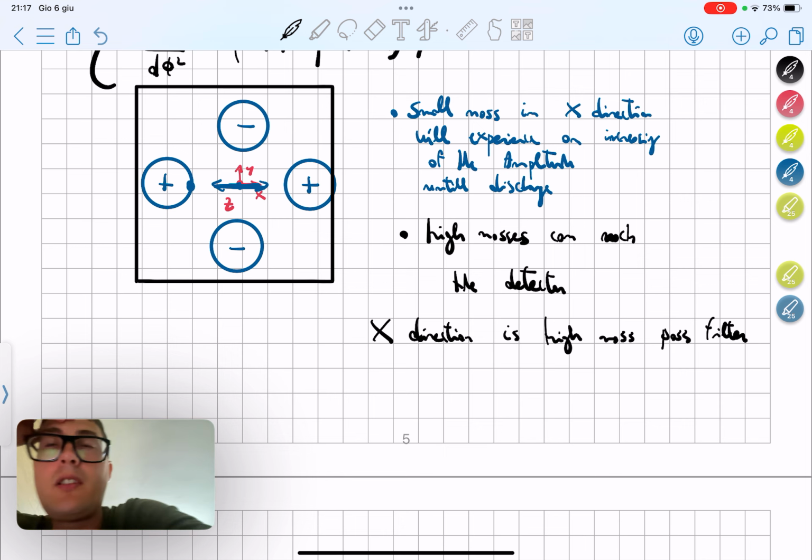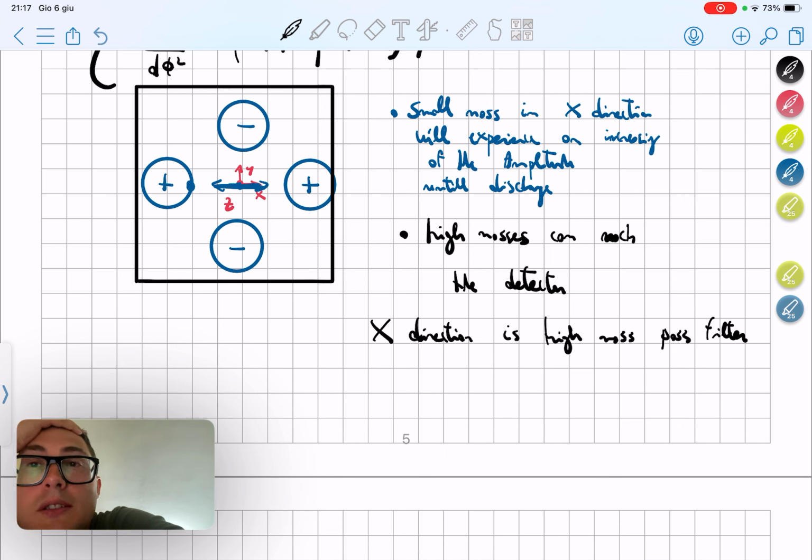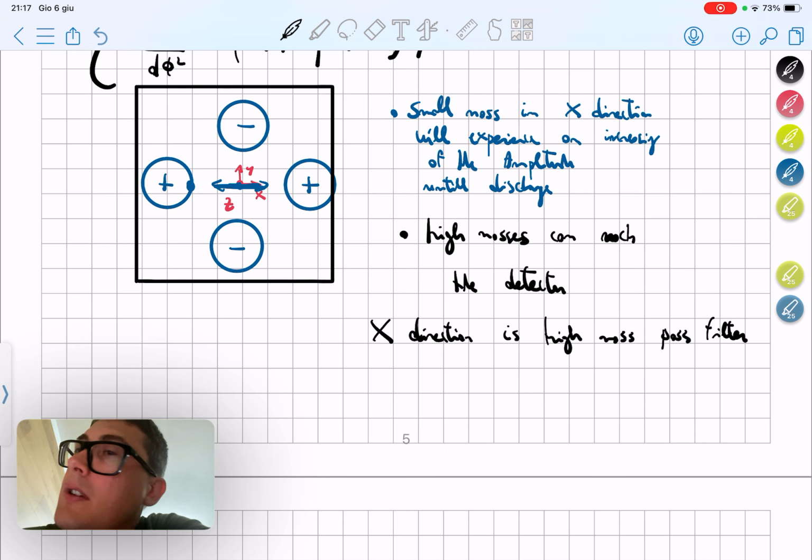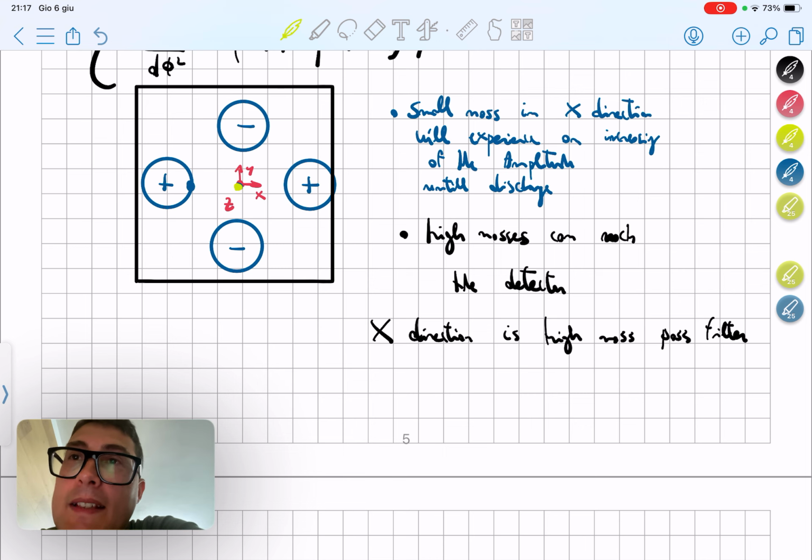Okay, makes sense? So in the other direction, in the y direction, it's exactly the opposite. Exactly the opposite, because if we have an ion here, if its mass is bigger, the amplitude will be losing stability immediately and they will hit the rod and discharge.